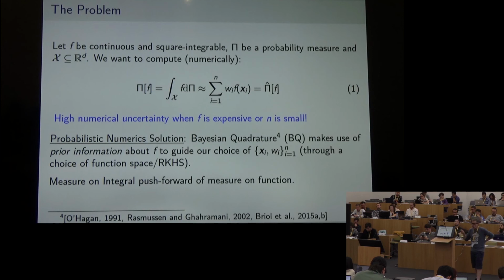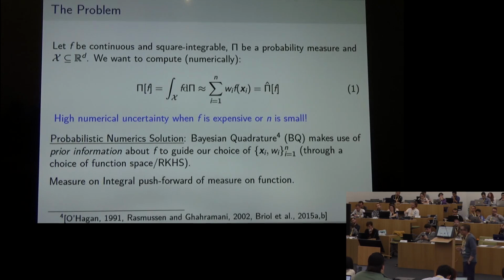And again, because you had a very nice lecture today on Gaussian processes, you're all experts and you all understand the machinery of Gaussian processes. So I'm only going to use one slide to describe it.